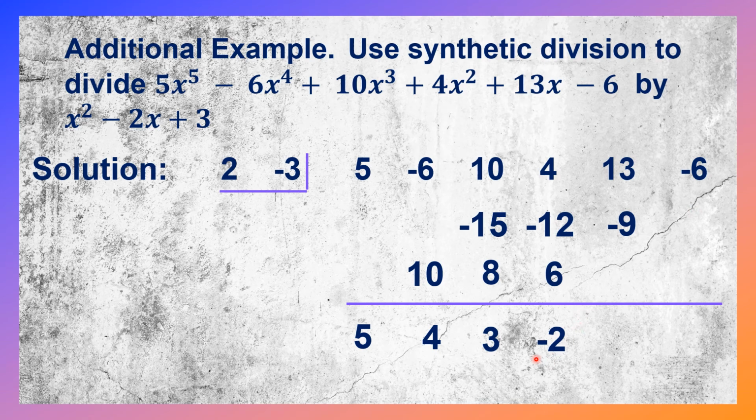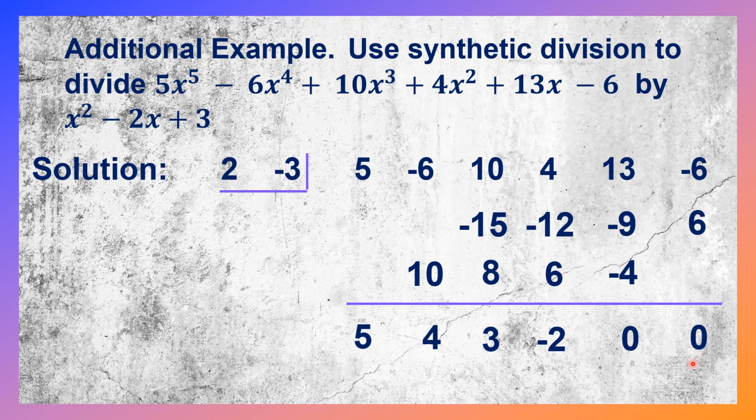So, negative 2 times 2 is equal to negative 4. Then, negative 2 times negative 3 is equal to positive 6. Then, we add 13 plus negative 9 plus negative 4, which is equal to 0. Then, add negative 6 plus 6 equals 0.